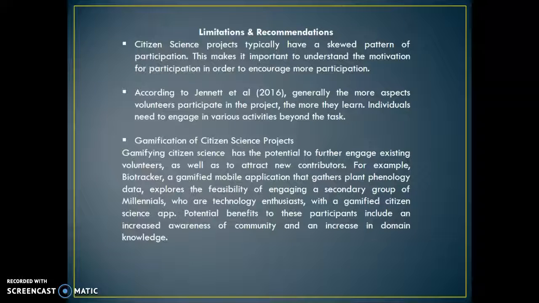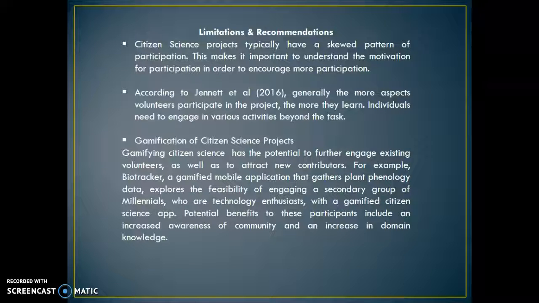And then we have limitations and recommendations. The limitation is sometimes the data is very skewed because some participants are more involved than others in some areas, so more data is given from those places than others. So we need to learn about the motivation for participation so that individuals become engaged and participate.